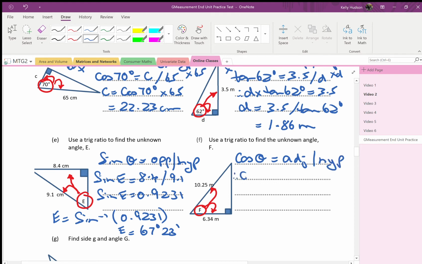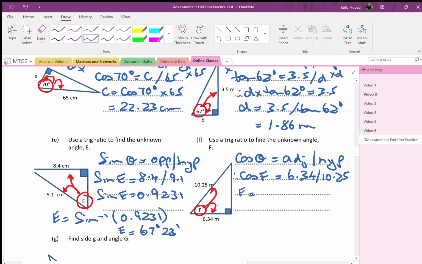So therefore cos of F, which is my angle, adjacent side 6.34, and I divide it by 10.25. Put that in my calculator. Cos of F is equal to my angle. I'll go straight to the answer. I won't go through those steps again.